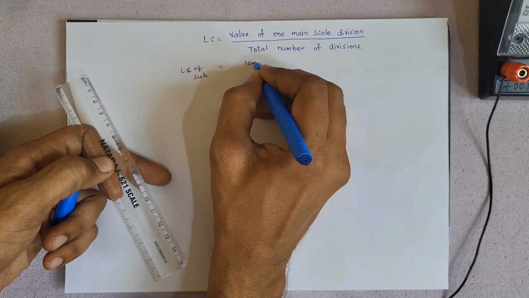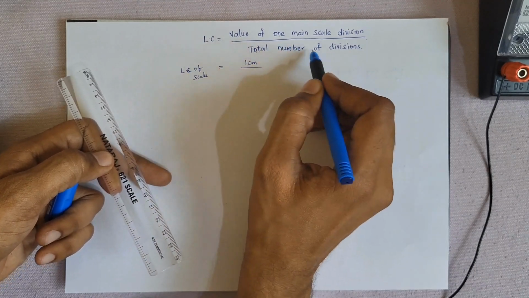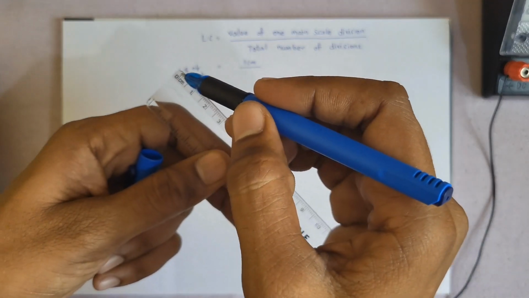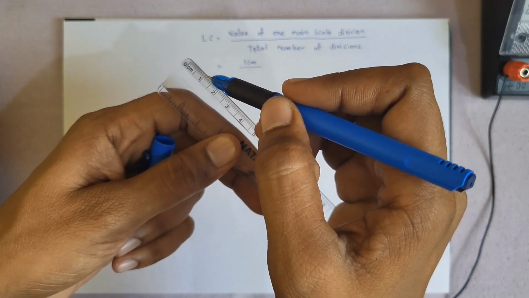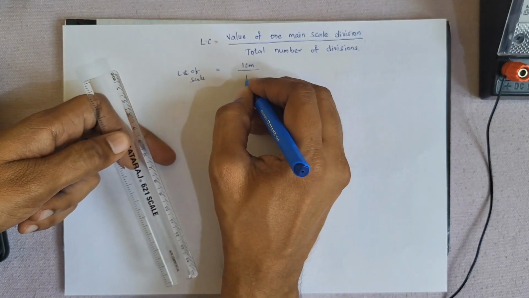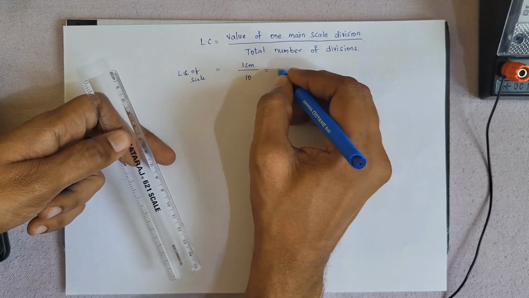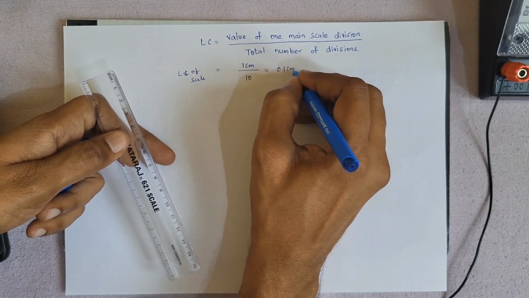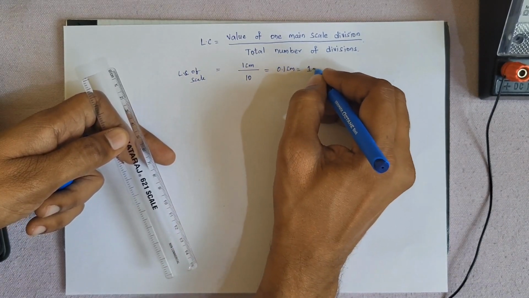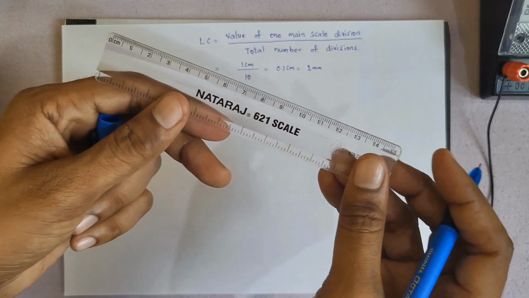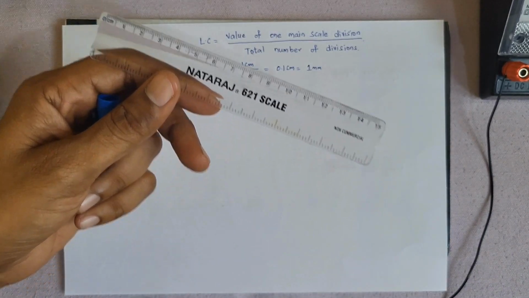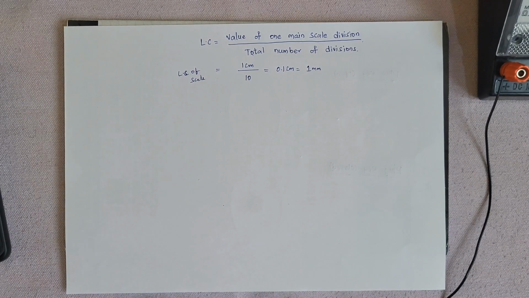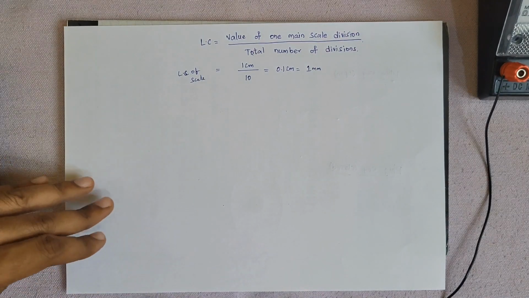So 1 centimeter divided by total number of divisions. Within this 1 centimeter, how many divisions do we have? 10 divisions. Correct? So divided by 10. So 1 centimeter divided by 10, it is 0.1 centimeter. Nothing but 1 millimeter. So the least count of this scale is 1 millimeter. Clear? So now let us find out the least count of ammeter or voltmeter.